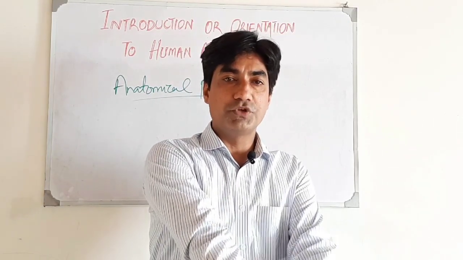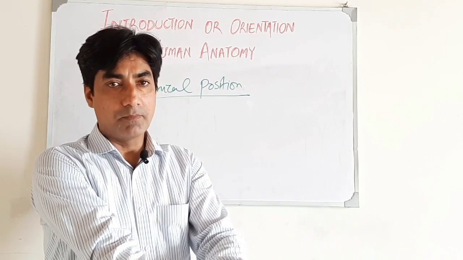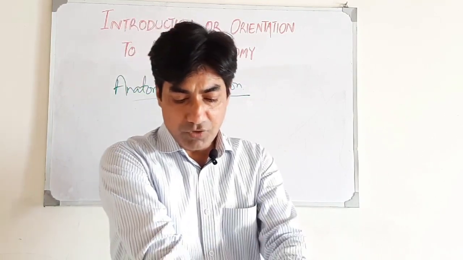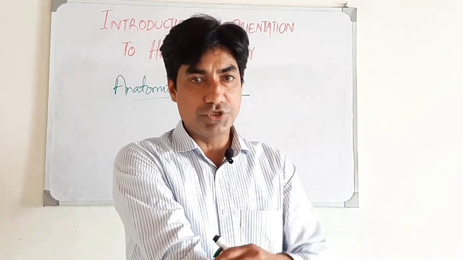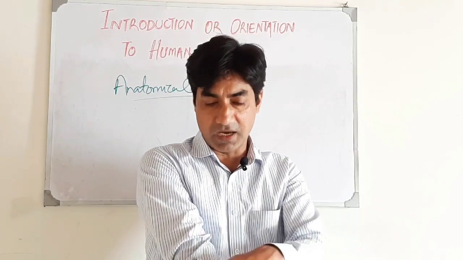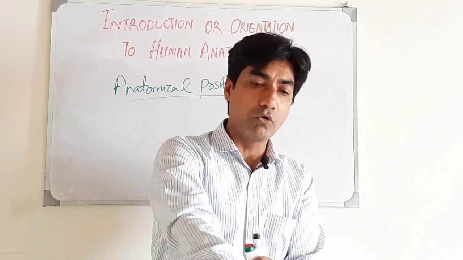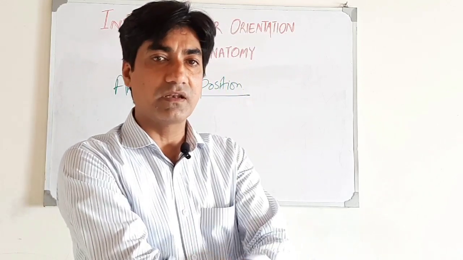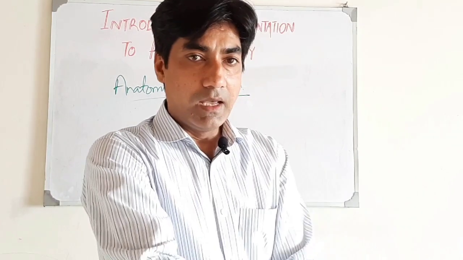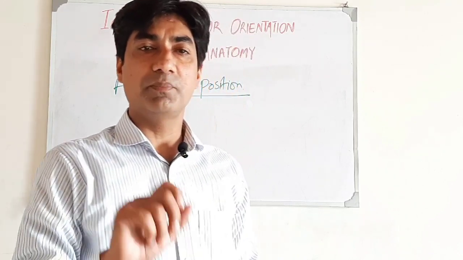In prone position, when the palm faces downward, the radius is medial to the ulna at the elbow point, while lateral to the ulna at the wrist joint. That is why the anatomical position is very important.